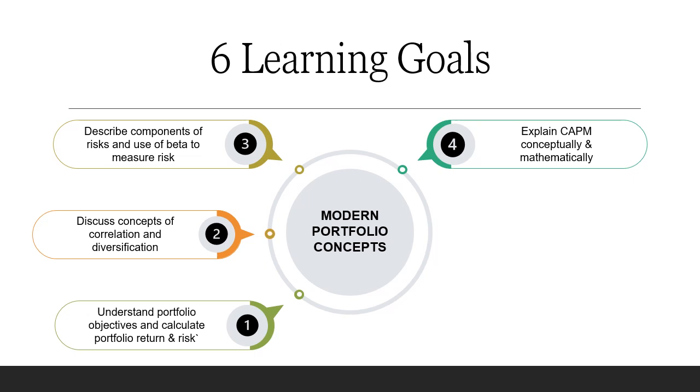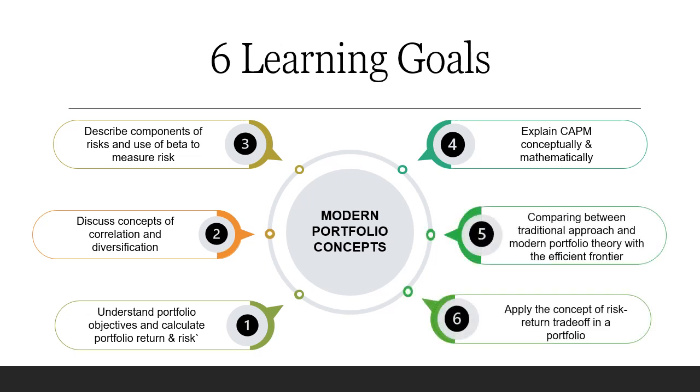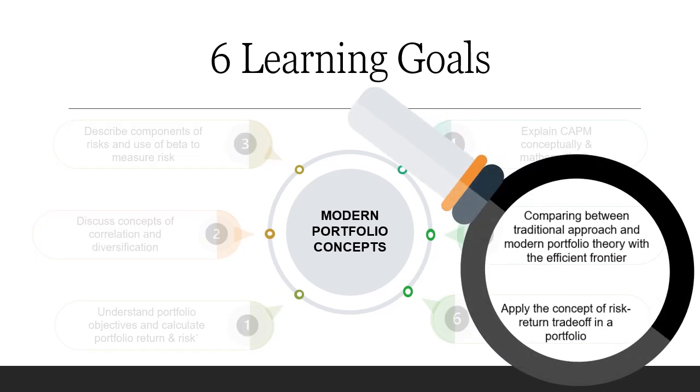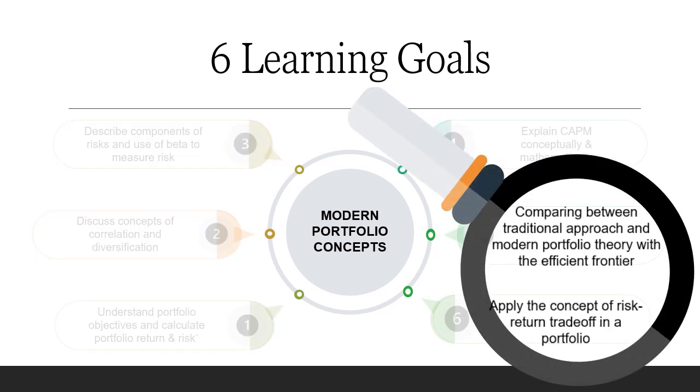So basically, we are left with another 2 learning goals to be covered. From these 2 remaining objectives, you will be exposed to 2 different approaches in portfolio management, which are traditional approach and modern portfolio theory. You will also learn on the efficient frontier concept and reconciliation of the traditional and modern approaches.